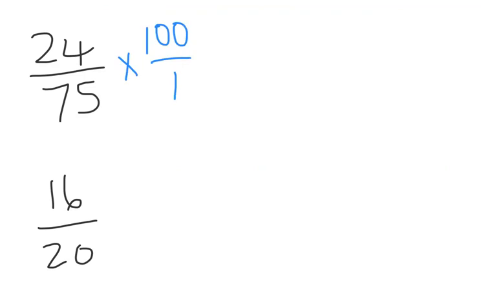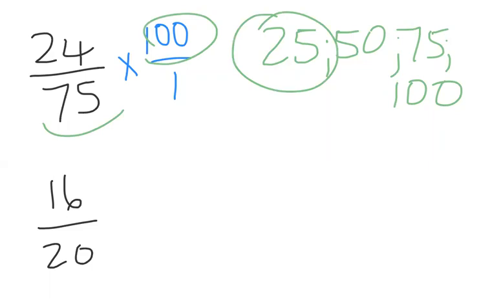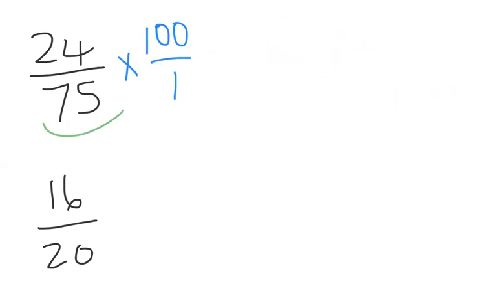Now I can see the 25 times table in here: 25, 50, 75, 100. There's a 75 and there's a 100. That's why I'm going to use the 25 times table. So 75 divided by 25 is 3, and 100 divided by 25 is 4.